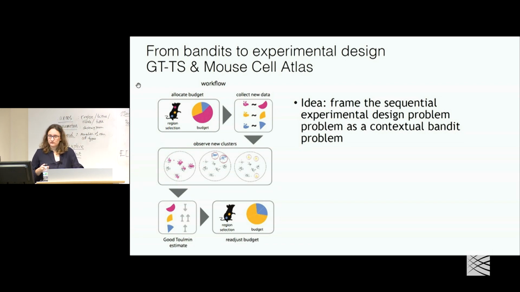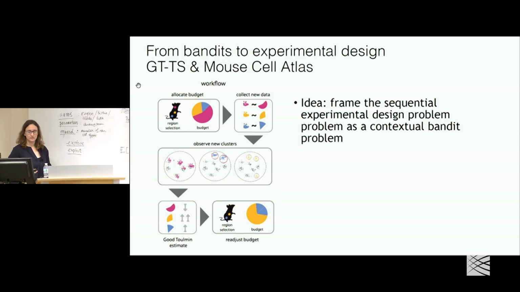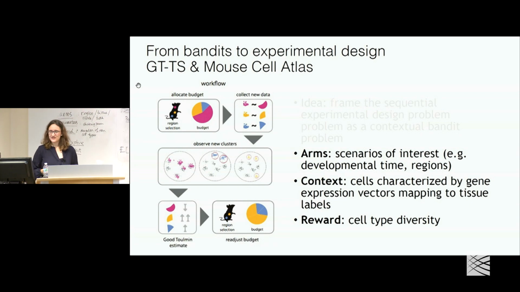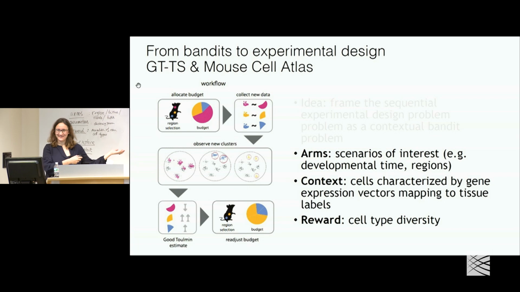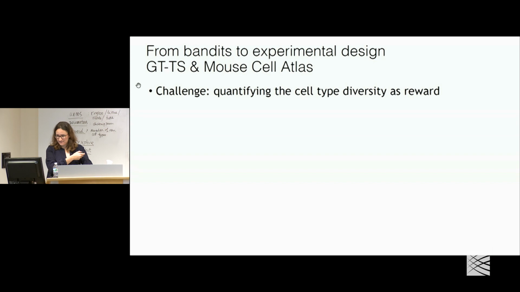So the idea is to frame this sequential experimental design as a multi-arm problem where the number of new cell types is modeled as a Good-Turing estimator. You actually anticipated the type of metaphor I wanted to explain. So again, arms are the scenarios of interest, contexts are the cells, and the reward is the cell type diversity.